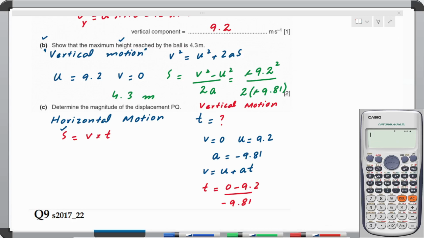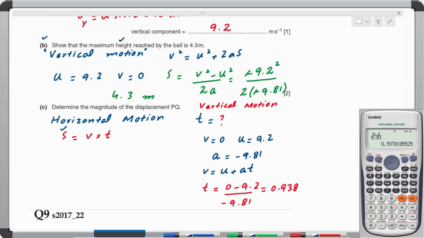So let's hit it on the calculator. 9.2 divided by 9.81, and the value of time that we get is 0.937. Okay, you can take it as 0.938.